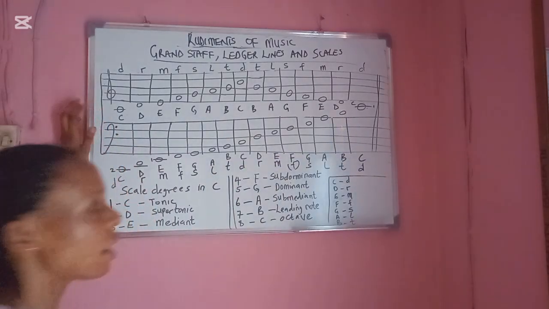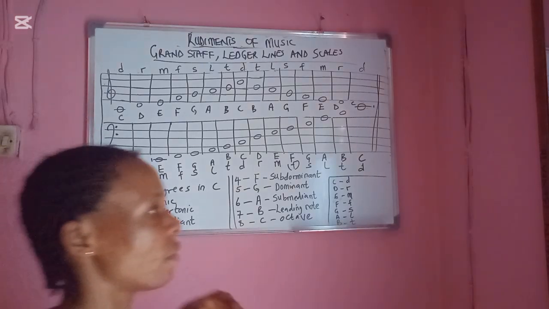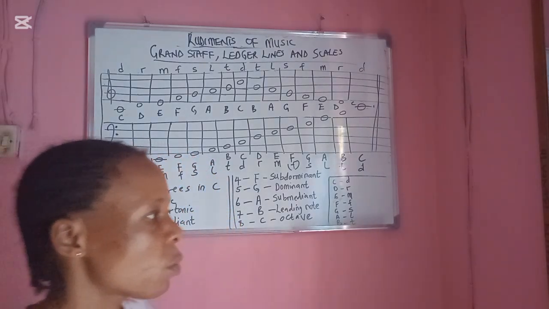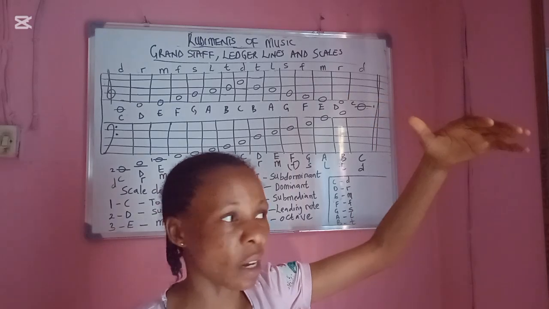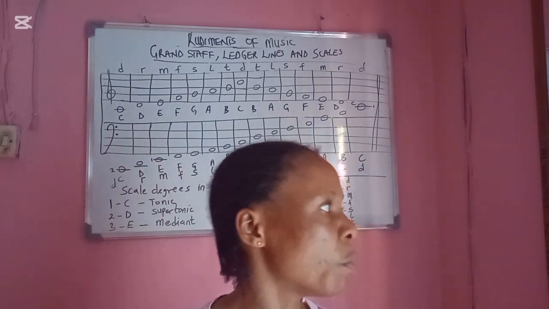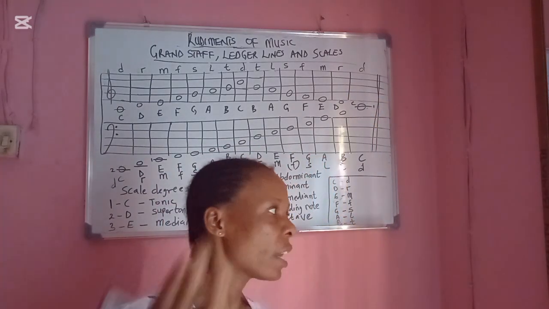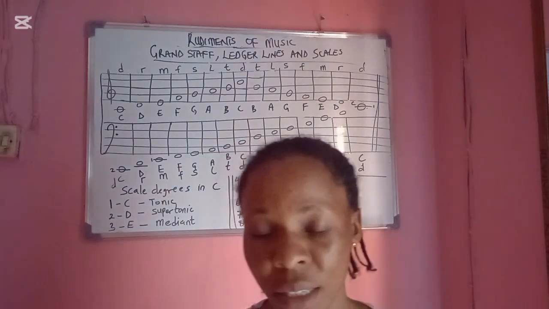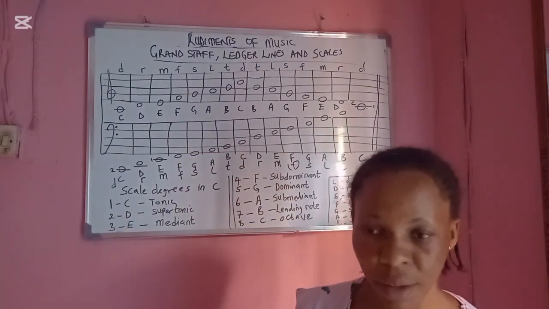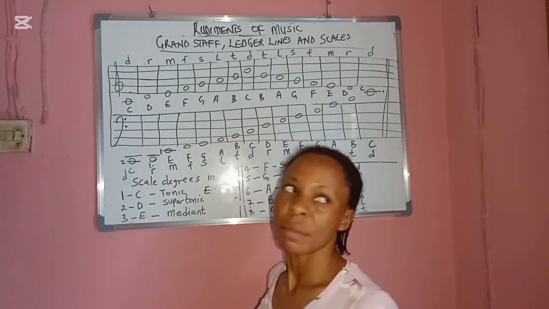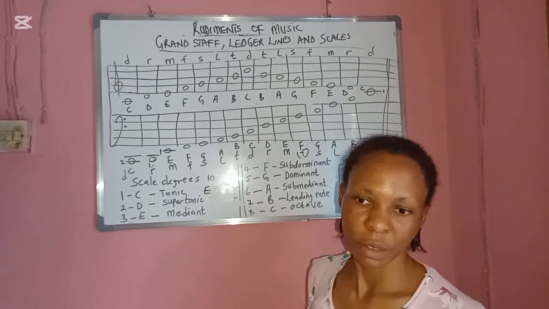Okay, so as I made mention of ledger lines, we have ledger lines above the treble clef, and below the treble clef, and we have ledger lines above the bass clef and below the bass clef. So the first line in the bass clef is what?